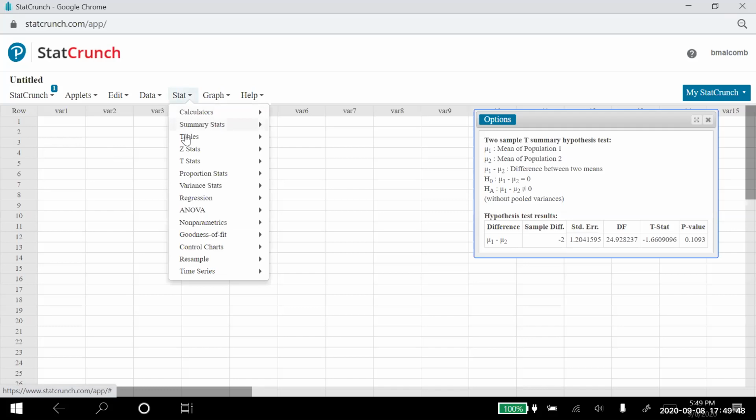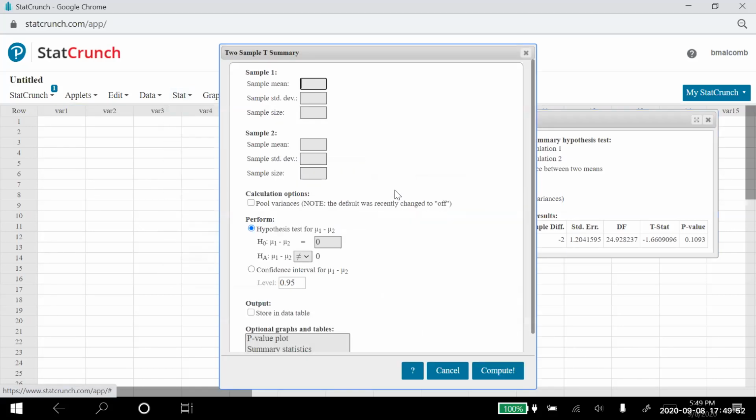Stat, T Statistics, 2 sample with summary. Now they're gone, so we'll put them back in. Don't pool them. This time a confidence interval, and what they say, 90%. Let's go ahead and compute.